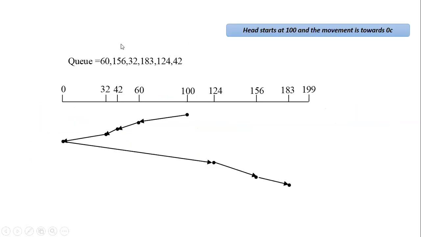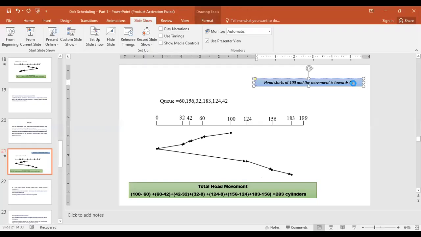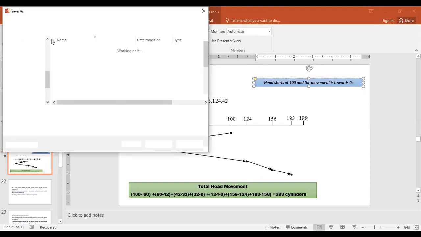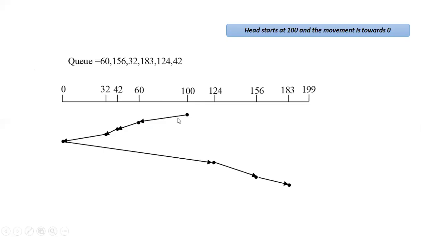So let us take the same example. So assume that our head is at position 100 and the head is moving towards 0. So now the head is moving towards 0.